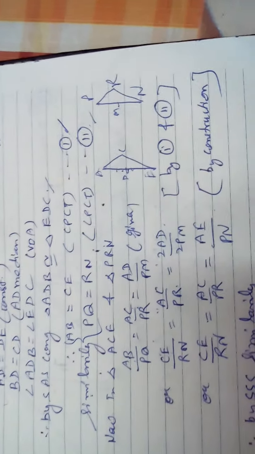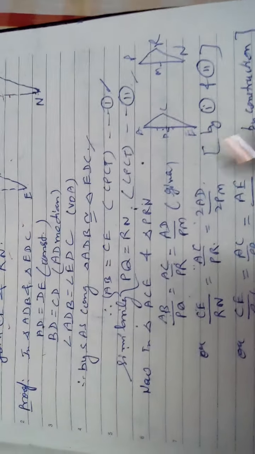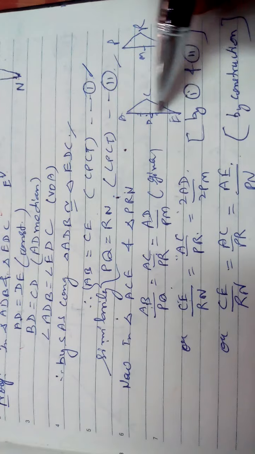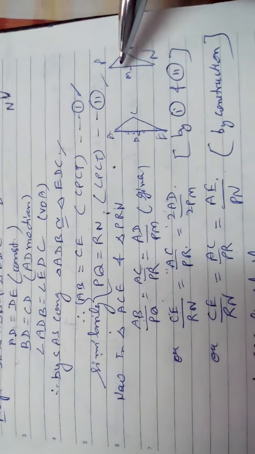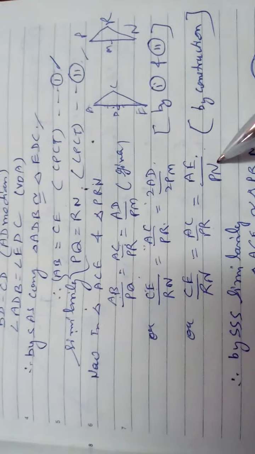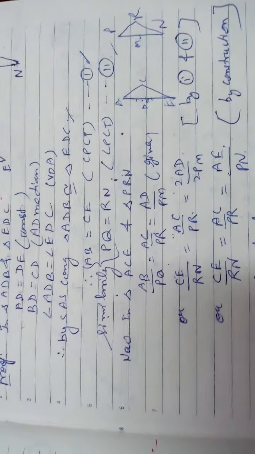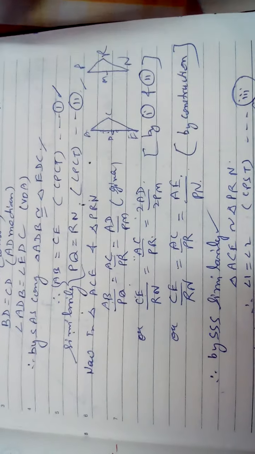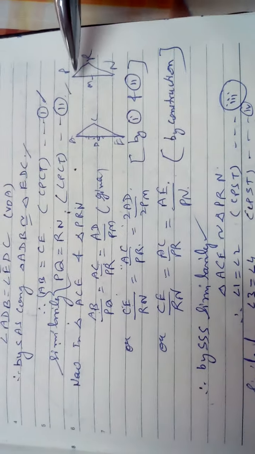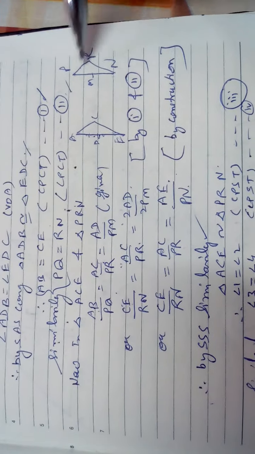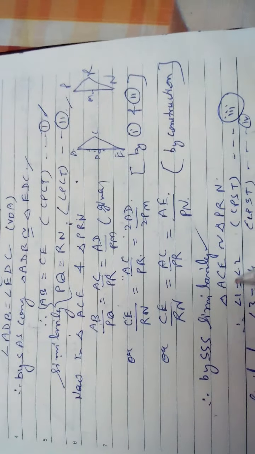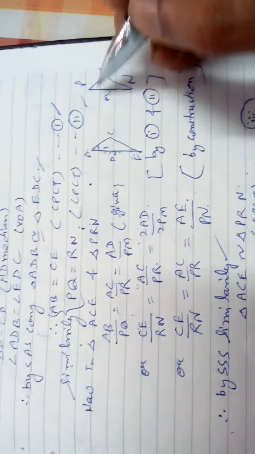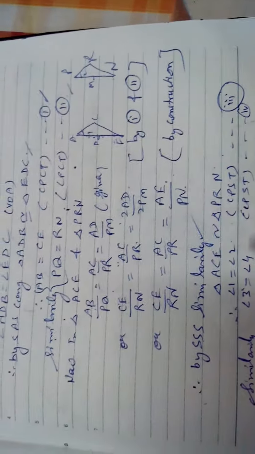You can multiply by 2, rule of fractions. Twice AD will be AE, by construction. Both are equal, so double of this will be AE, double of this will be PN. So by SSS similarity, triangle ACE is similar to triangle PRN. ACE similar to PRN, then CPST will give you angle 1 is equal to angle 2. CPST.